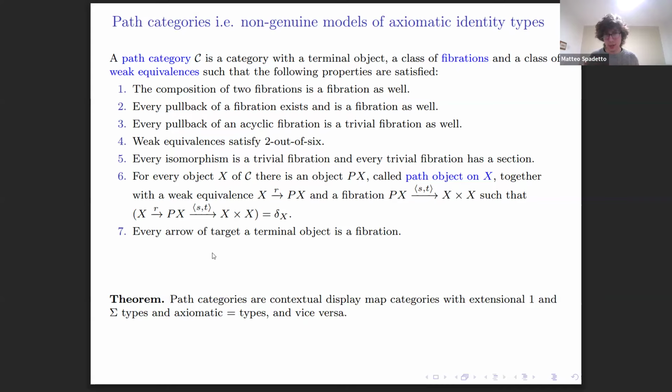We asked ourselves if we could avoid this, and Daniel came up with a clever notion of a display map path category, where we have fibrations, weak equivalences, and display maps.